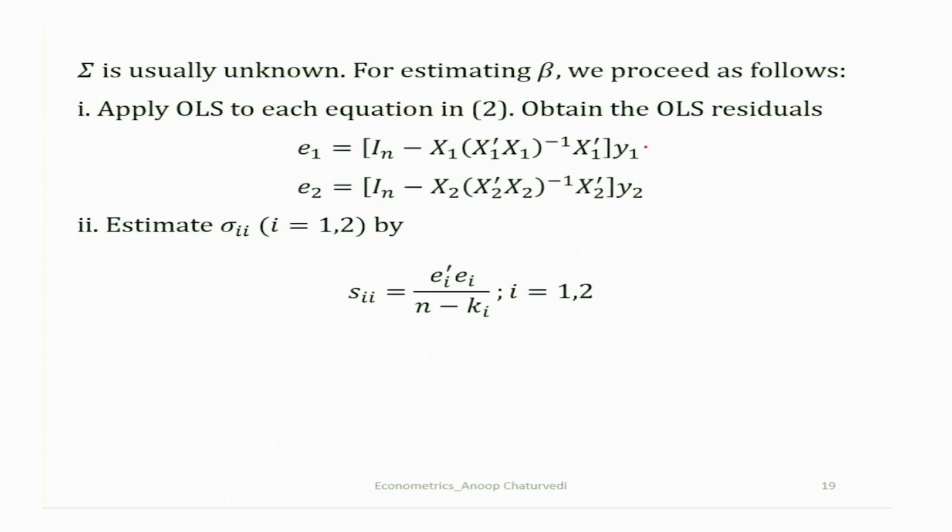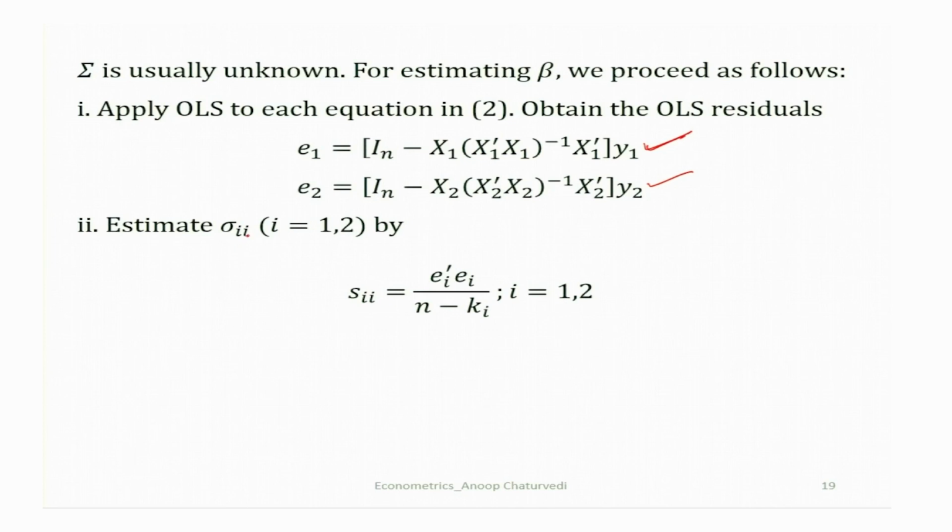So, this is the OLS residual for the first equation. Then the OLS residual for the second equation is e 2 equal to (I n minus X 2 (X 2 transpose X 2) inverse X 2 transpose) y 2. So, you get this OLS residual for the second equation.